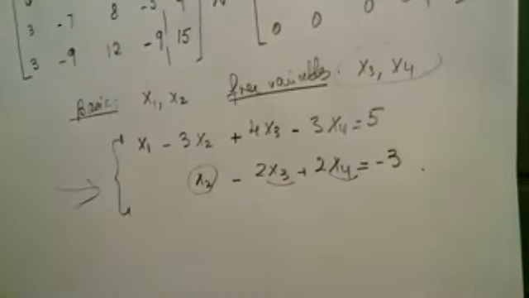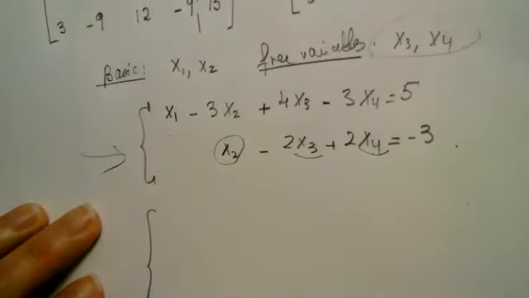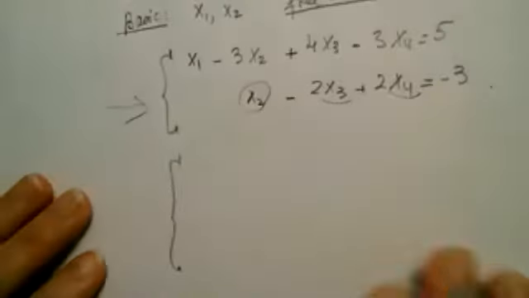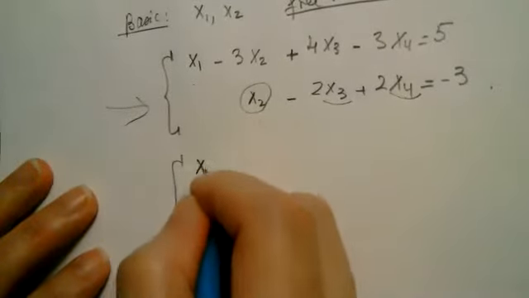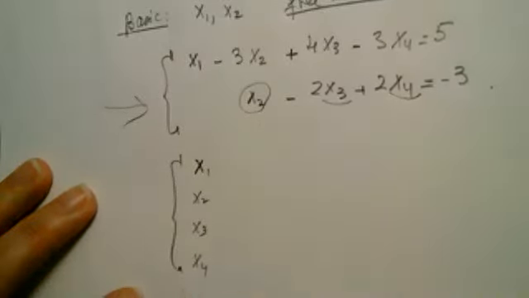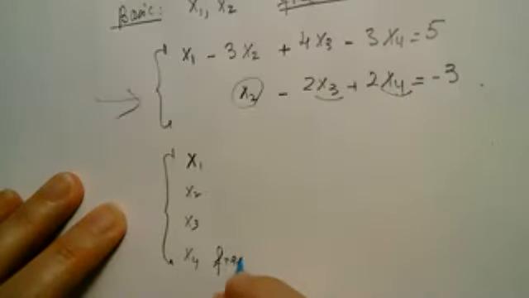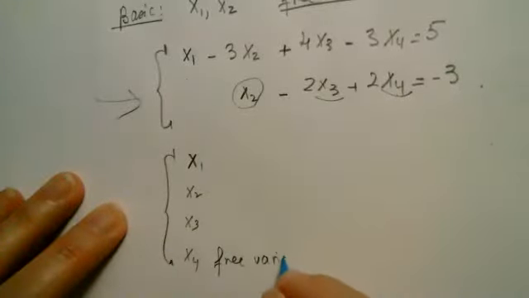So how are we going to write the solution in this case? I will open it like that. The way we're going to write it is, you have to tell me what x1 is, what x2, what x3, what x4. All right, x4, free variable. What does it mean, free variable?